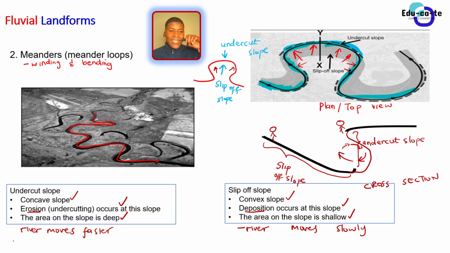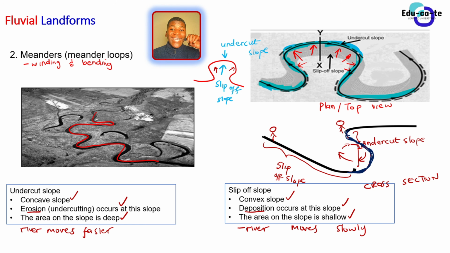Why has the undercut slope been shifted here? According to my diagram, I have shifted the undercut slope because there has been erosion. The undercut slope was somewhere here, remember?